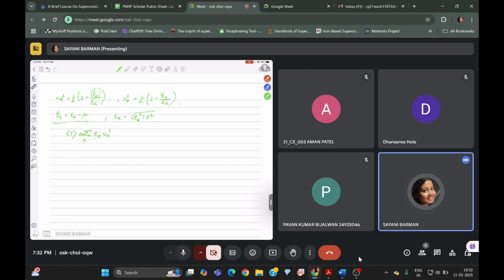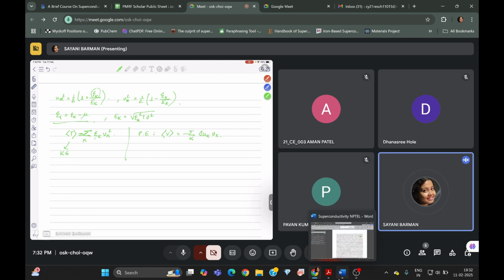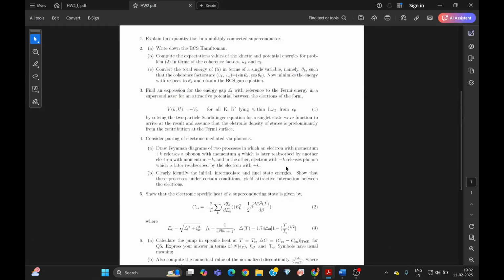And for the potential energy, the expectation value will be, with a minus sign, the summation of delta uk vk. So this is the fundamental in deriving the total energy of the superconducting state. Anything else needed? No, only these two terms.